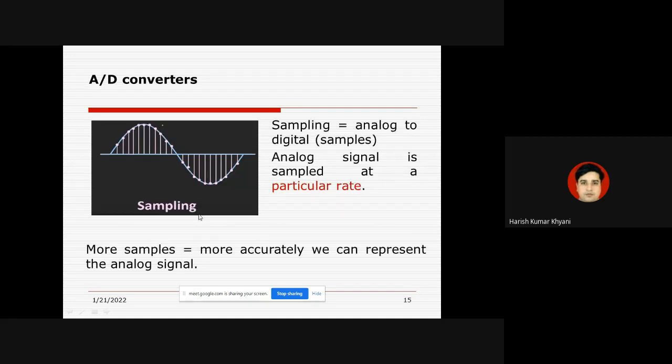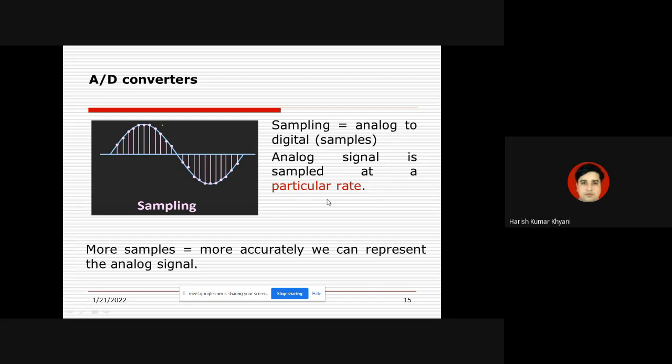Let us first try to understand sampling. This blue colored continuous wave is showing your analog signal, whereas these samples are basically the sampling process. So in sampling, the analog signal is converted into samples, and this process is done at a particular rate.